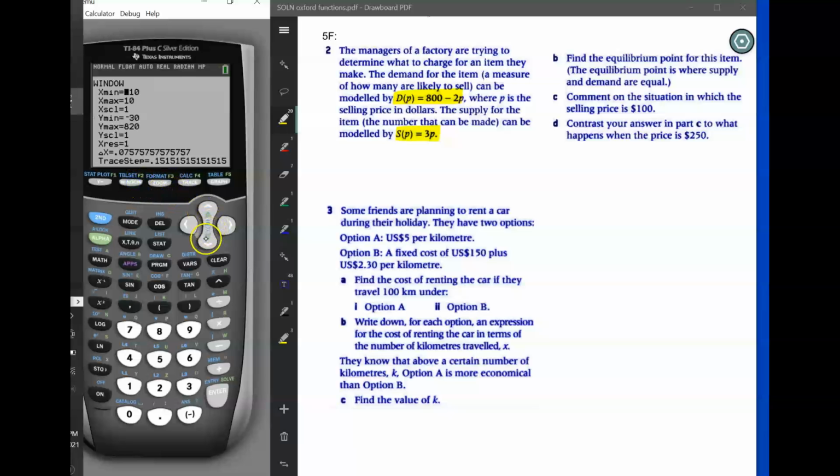And let's change our X max to something very big, like 1,000. And see if that makes a difference. Graph. I think we're going to make them hit each other. There it is. Okay. If you guys ever take Economics 101, we're going to find the intersection here. So we go second calc, intersect, enter, enter, enter. And the intersection is 160, 480.